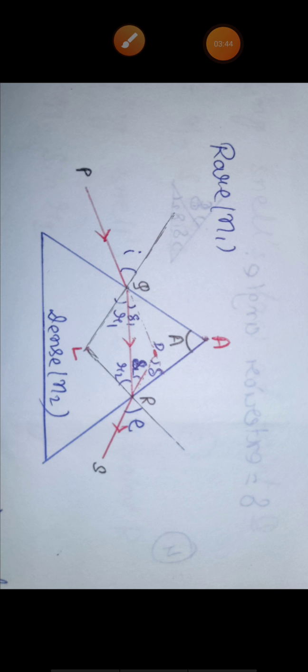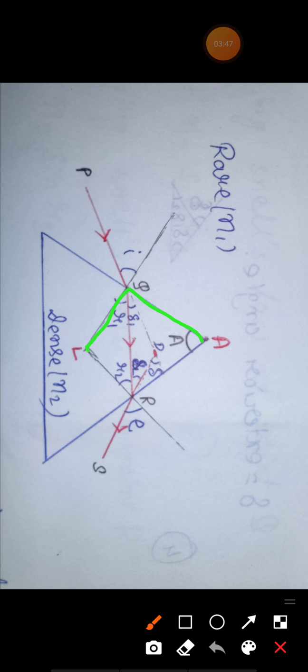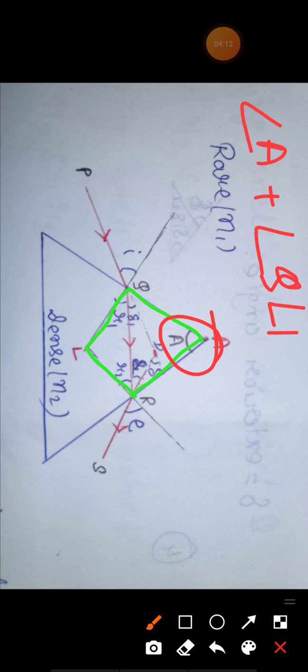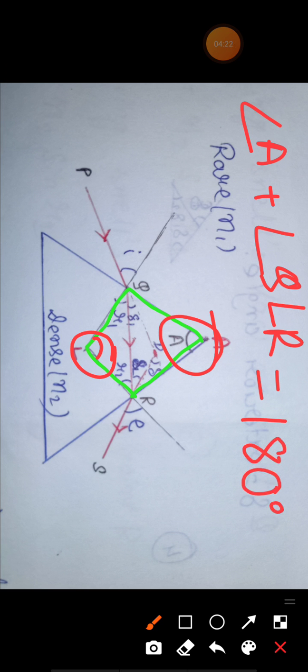In this quadrilateral A, Q, L and R, you know that in a quadrilateral, the sum of two opposite angles must be equal to 180 degrees. So you can write that angle A plus angle QLR must be equal to 180 degrees. This is our equation number 1.